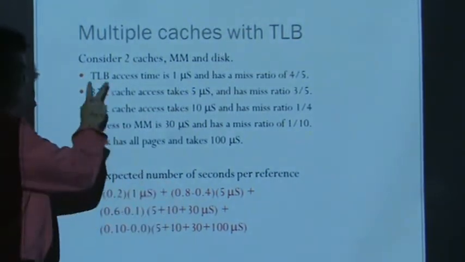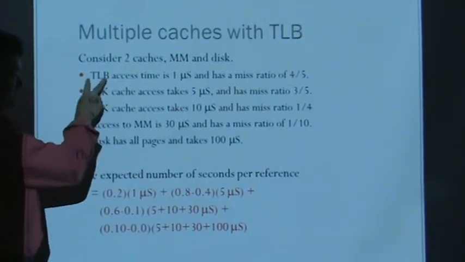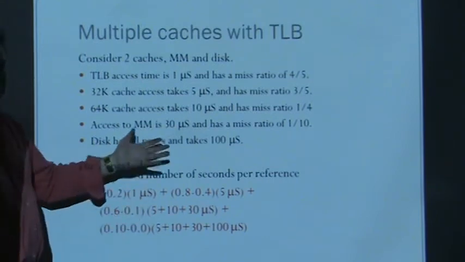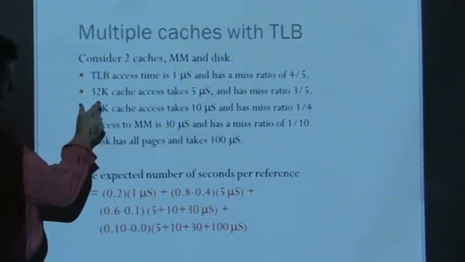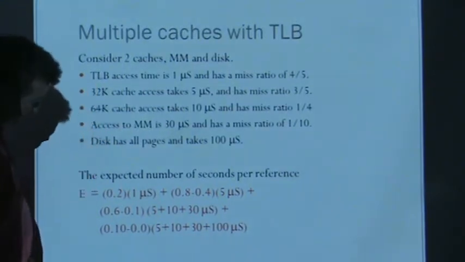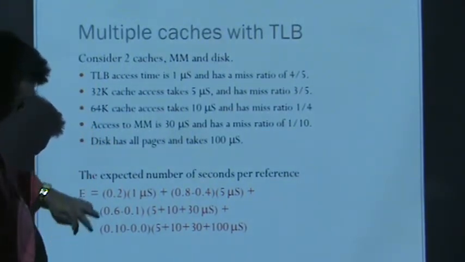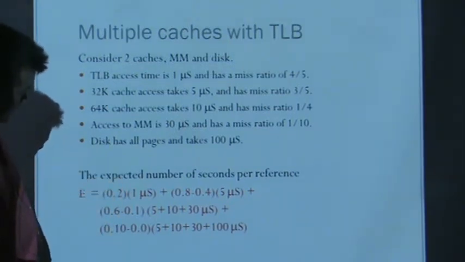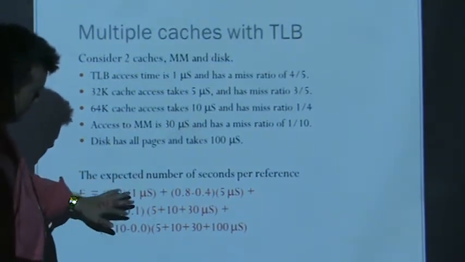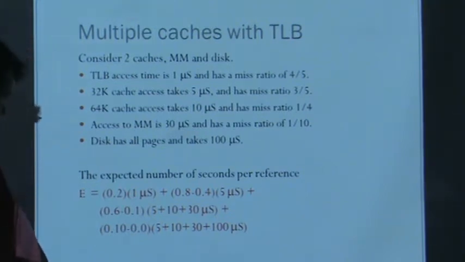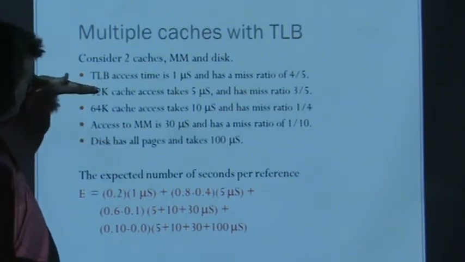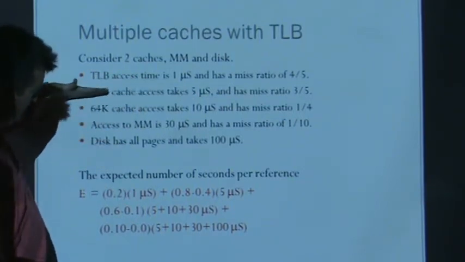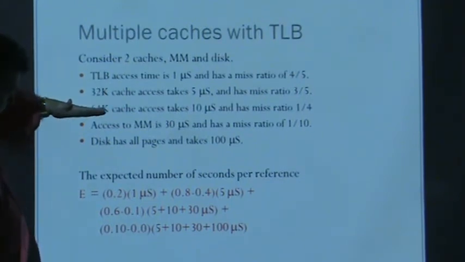So the only difference between a TLB and a cache is the TLB is so small it can be searched simultaneously to a cache. Then the probability that we are in the 64K cache but not the 32K cache would end up being 6 minus 0.1. No, sorry. 0.06 is the probability we miss this one.